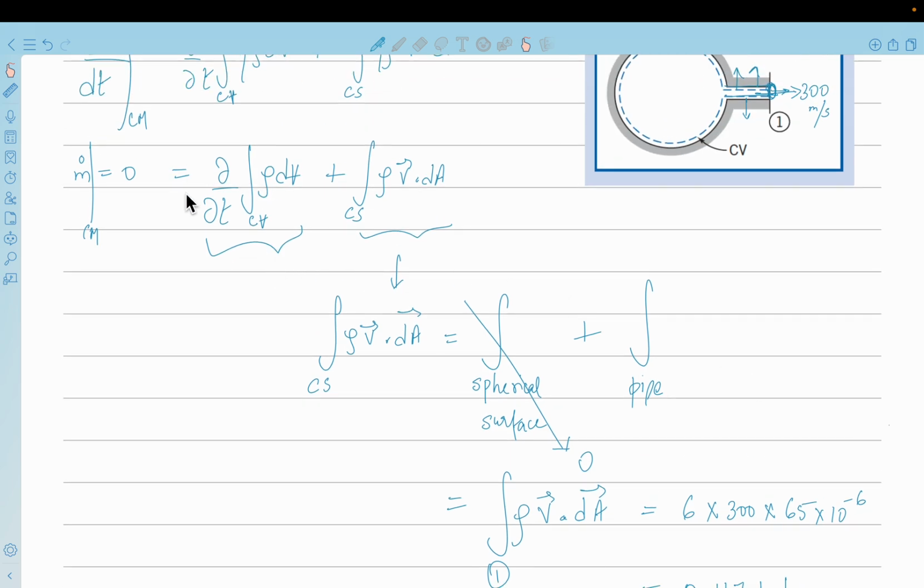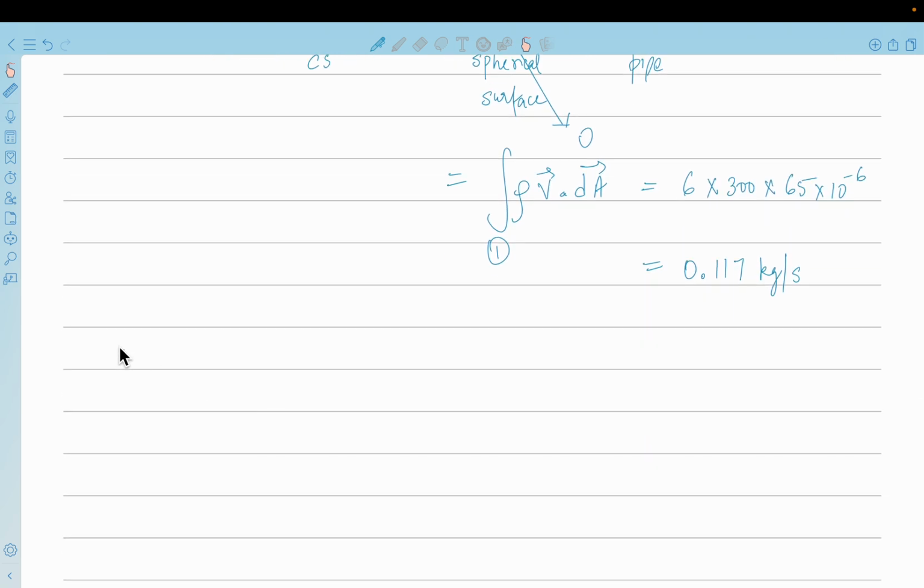Okay, now what about this term? So ∂/∂t of the integral of ρ dV. So let us write this down here. How do we evaluate this term? Remember, we have to find ∂/∂t of ρ.